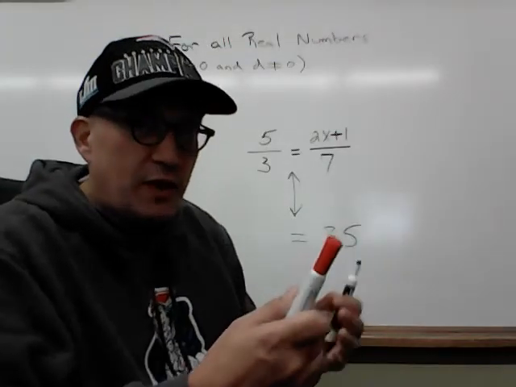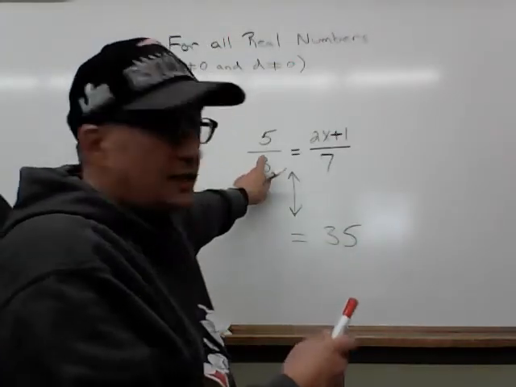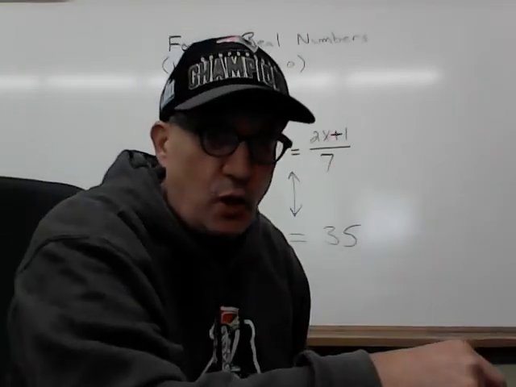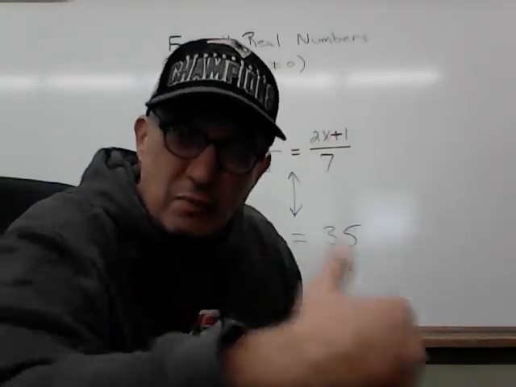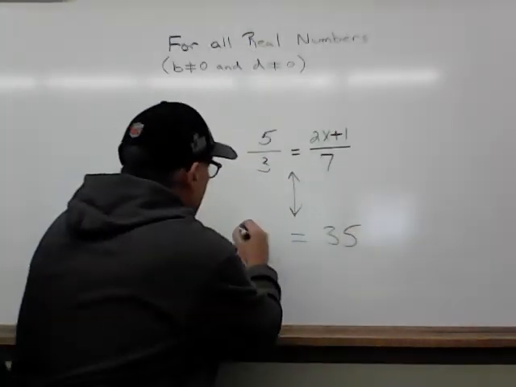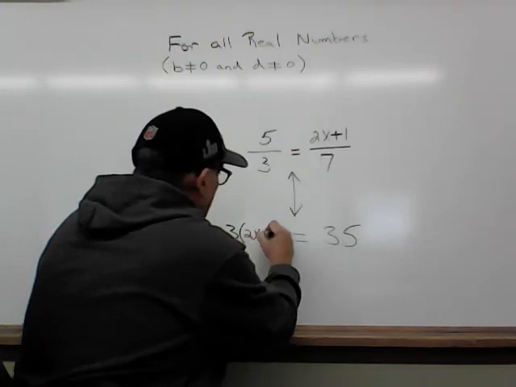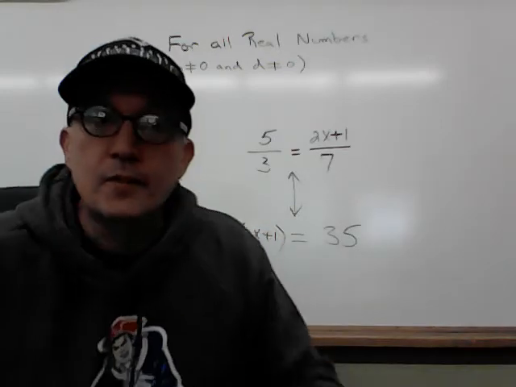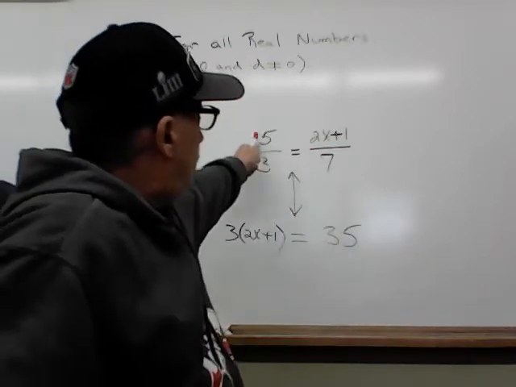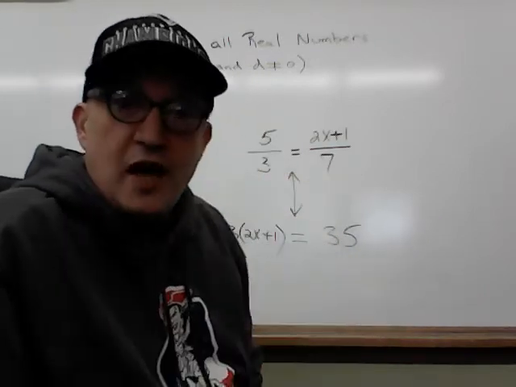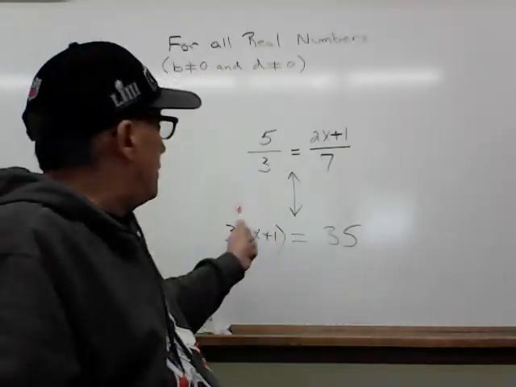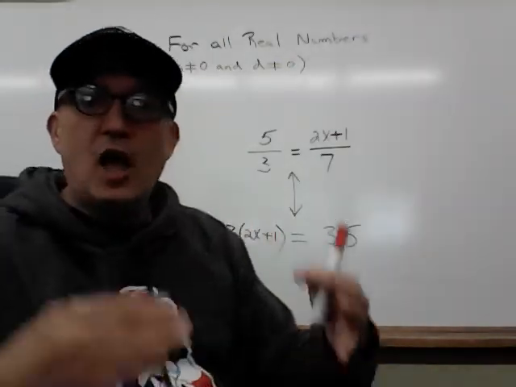Okay, just think of it this way. If we said that 3 times 2x plus 1 was 6x plus 1, that's wrong, because we haven't multiplied the 3 by the entire 2x plus 1. Insert the parentheses, use the distributive property. 5 times 7, 35, of course. That's one of the diagonal cross products. The other diagonal cross product is 3 times 2x plus 1.